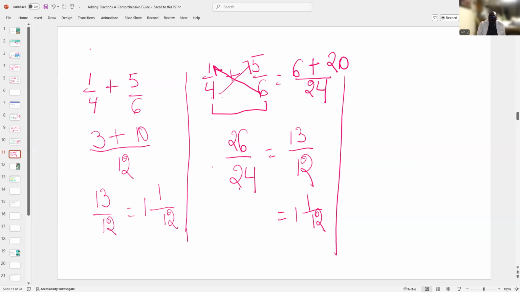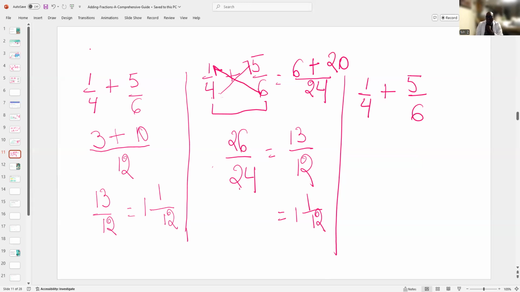Let's do another one. I don't want to drive you crazy, but there are so many. Remember, whenever you are adding fractions that have the same denominator, you just add the top. So what we're going to do here, we will make this fraction equivalent to that one, and that one equivalent to that, so we can find the same denominator.